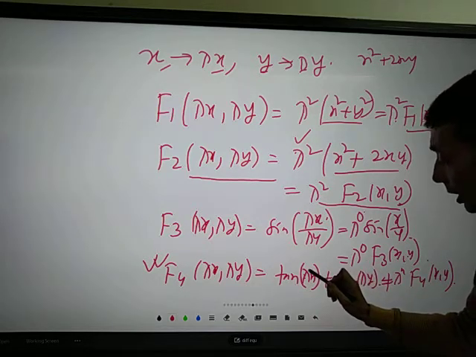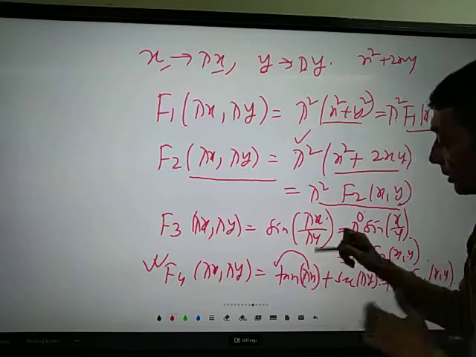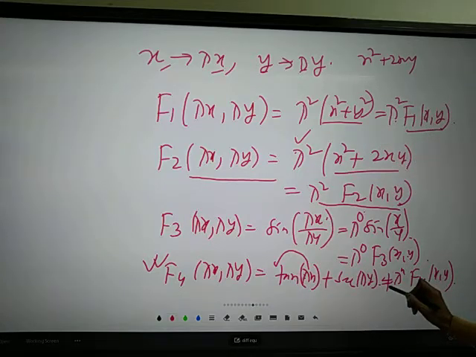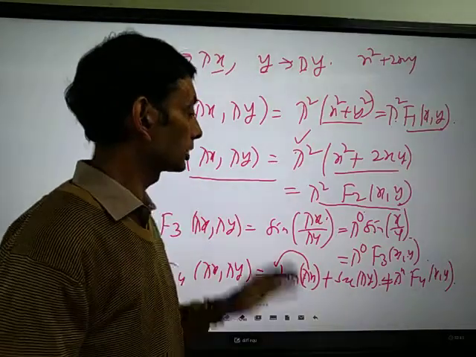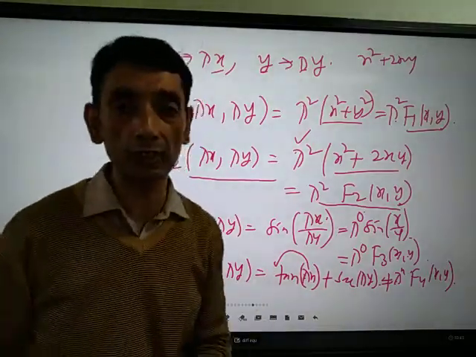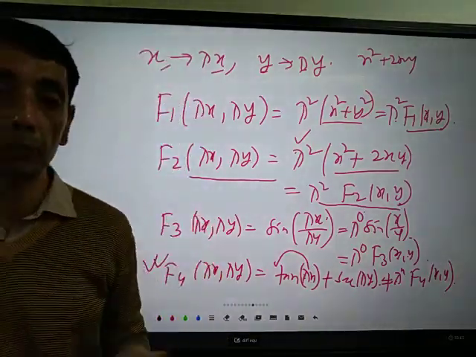That means you cannot take lambda common, or you cannot cancel lambda. So it's not possible for the fourth function to be written in the form of lambda to the power n f4 x comma y. Based on that we can define a homogeneous function.